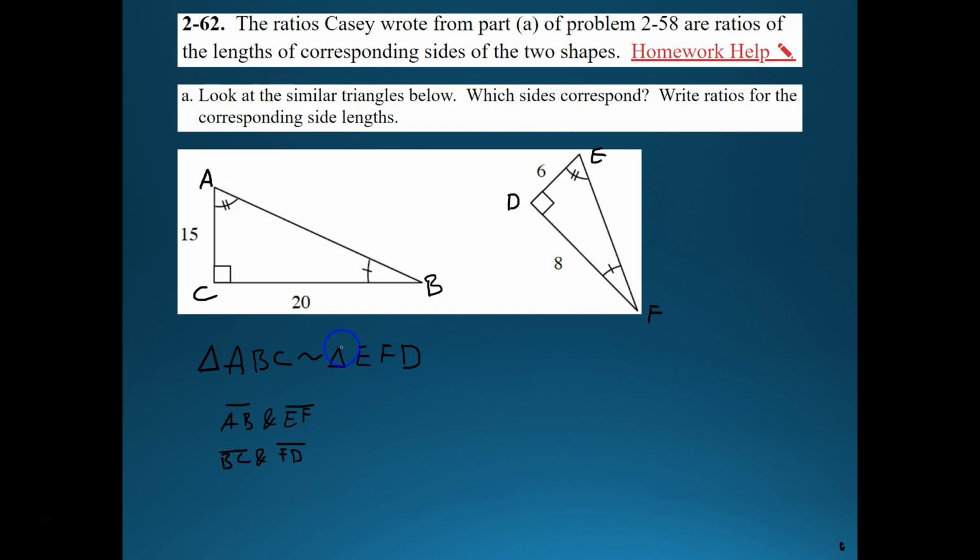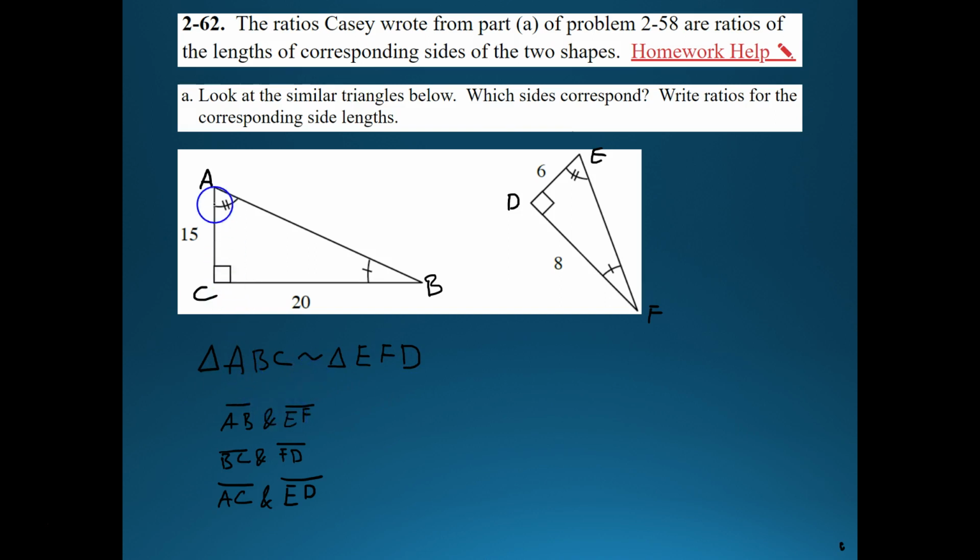And then the last pair is AC and ED. Again, we can see that because AC are the first and the last, and ED are the first and the last. So that's how you would write them from a similarity statement.